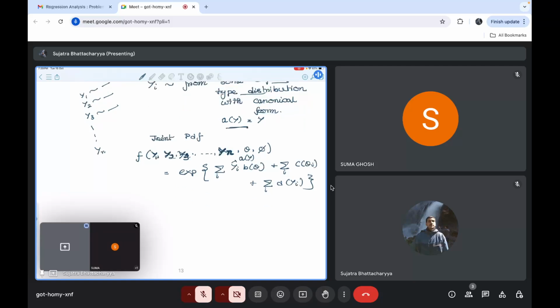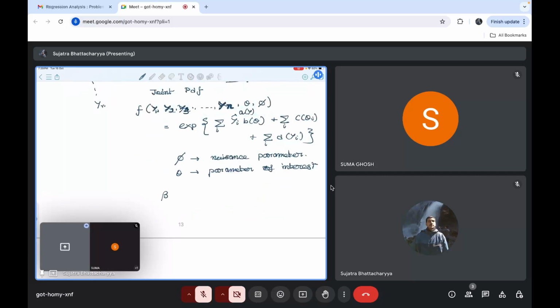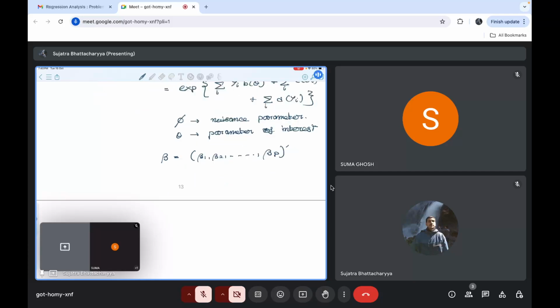Of course, theta is the parameter of interest. Phi is the nuisance parameter, like sigma square, which we have seen in the normal distribution. Theta is the parameter of interest. b of theta is the natural parameter. And of course, your beta is beta 1, beta 2, and so on up to however many parameters, say three parameters. So this is your beta vector.